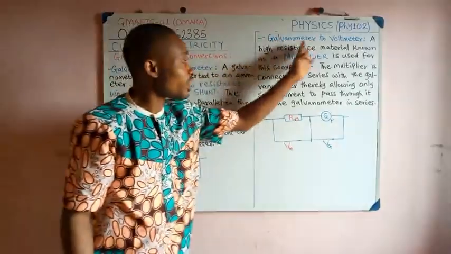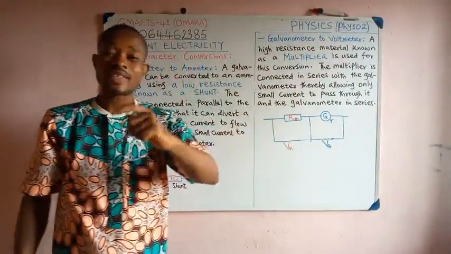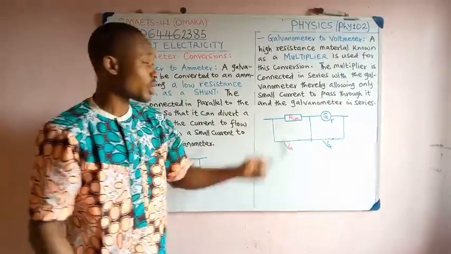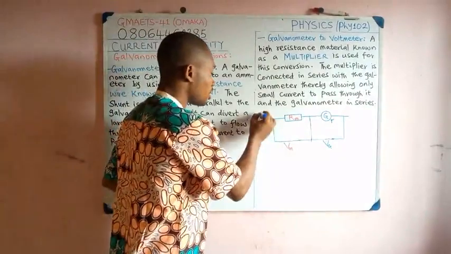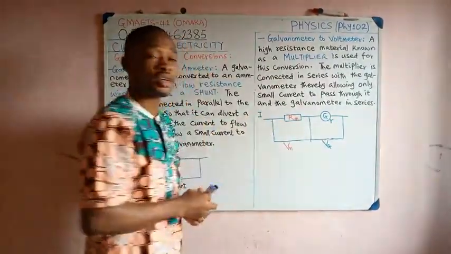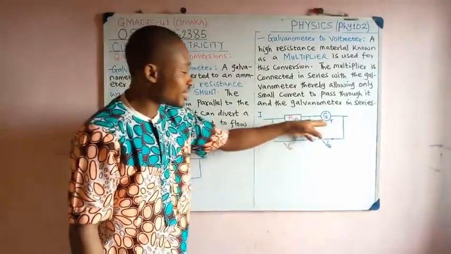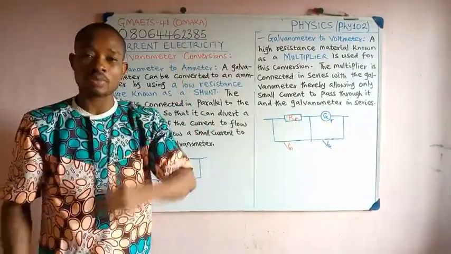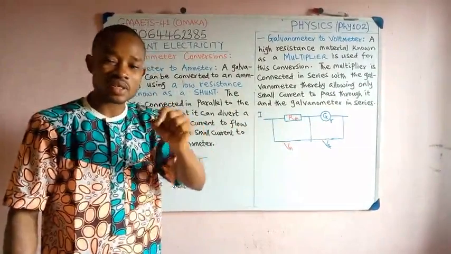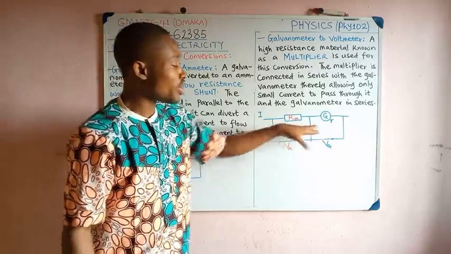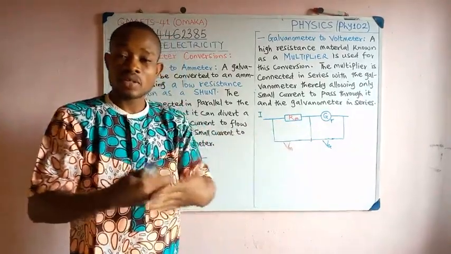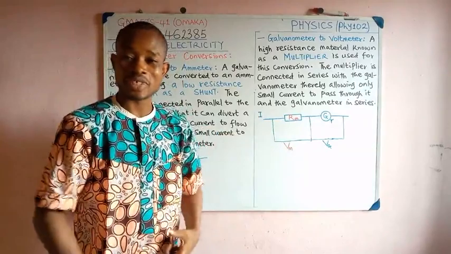Then we'll talk about the conversion of a galvanometer to what? Voltmeter. In that case, a multiplier is connected in series with the galvanometer. So if you have total current here, since this is connected in series, and you know that a multiplier has high resistance, just a small portion of current will flow through it. And you know that when materials that have resistance are connected in series, the same current will flow through them, is that not so?